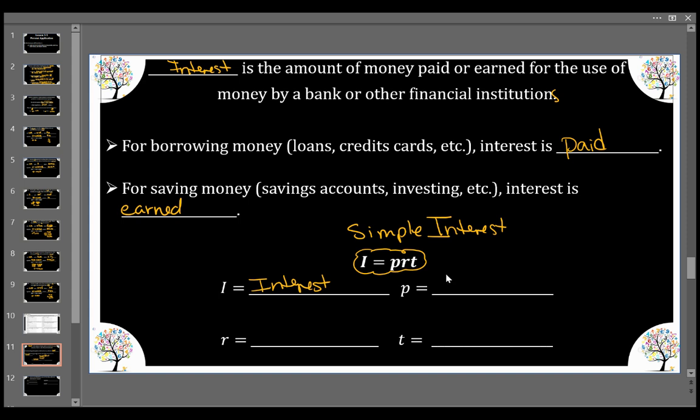P is the original amount that you borrowed or the original amount that you invested. So this is the principal. Rate is the R, and again, it's going to be written as a decimal. And T is for time, the amount of time that you have borrowed or invested, and it is calculated in years.